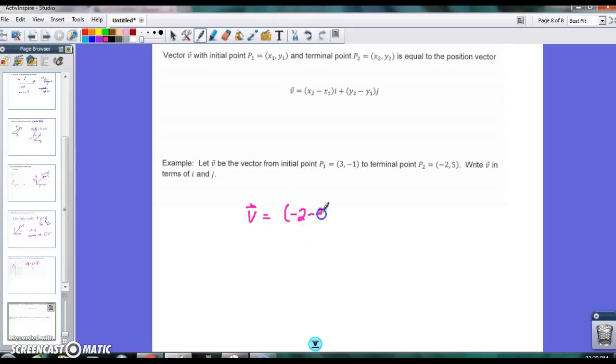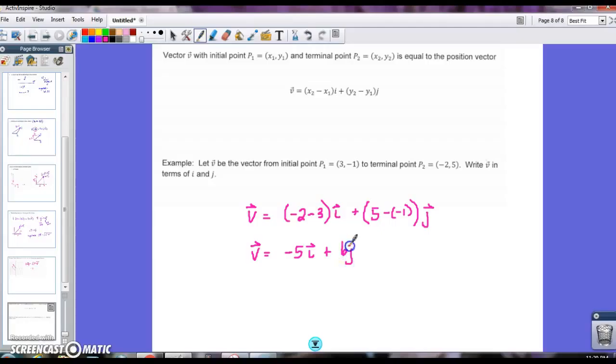So negative 2 minus 3 i plus 5 minus negative 1 j. And so then my vector v in terms of i and j is just negative 5i plus 6j. And there you have it.